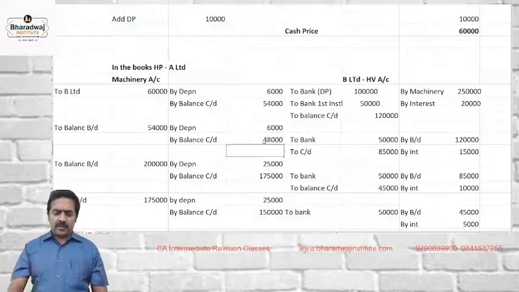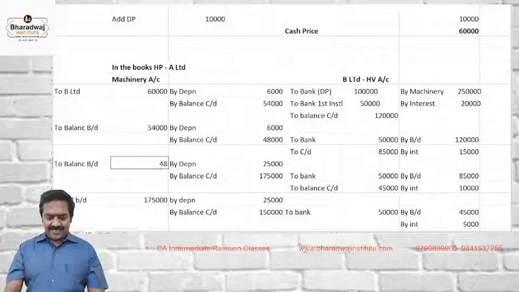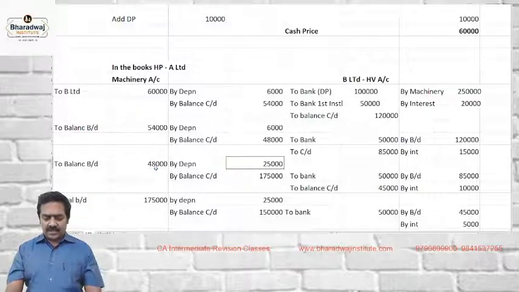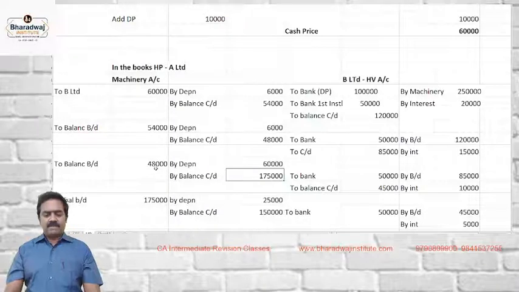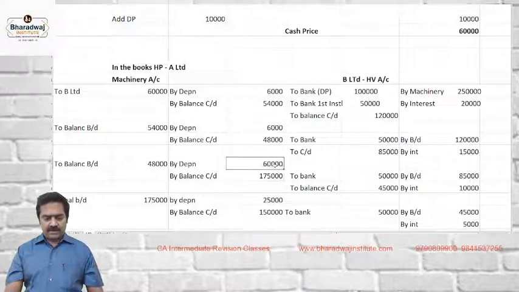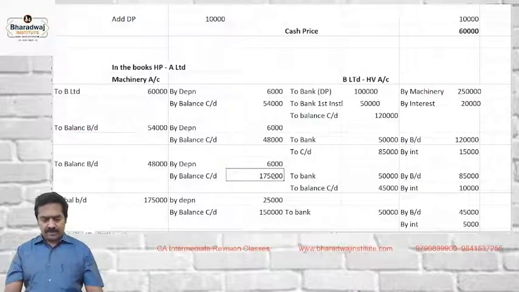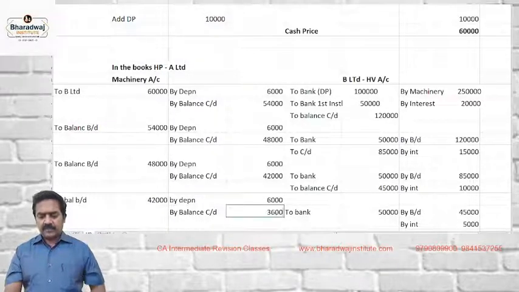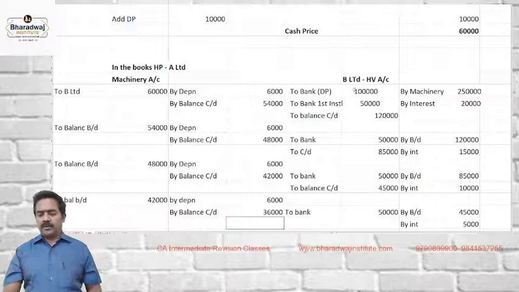Just for your reference I am doing, don't copy it. Like that, this ledger account is going to be prepared. 36,000, like that ledgers are going to be prepared.